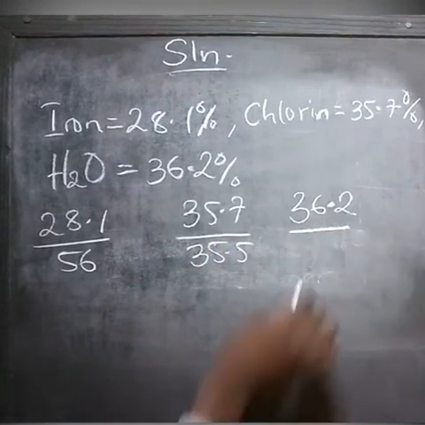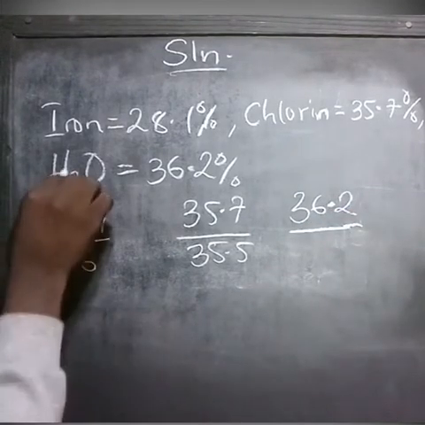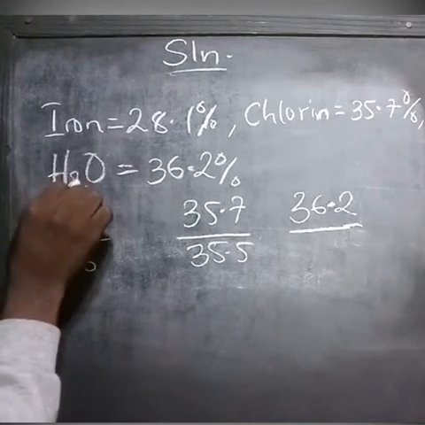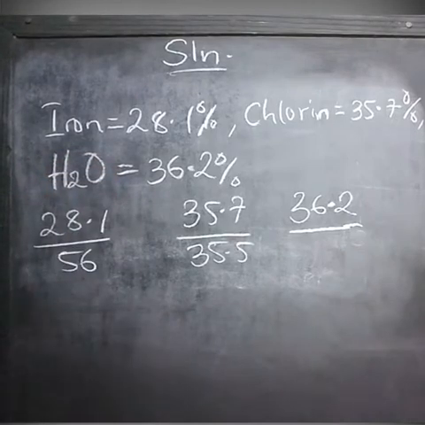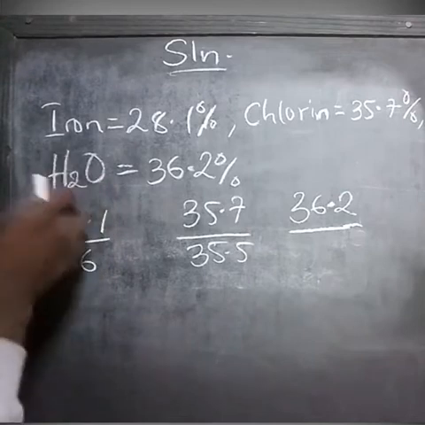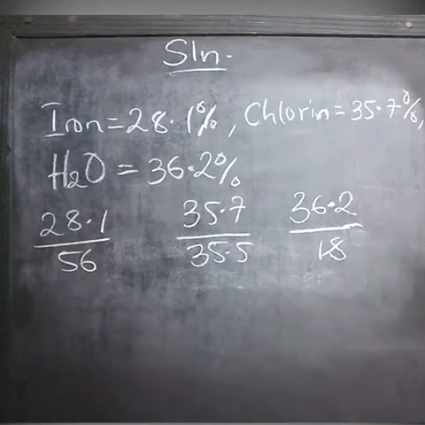Then water of crystallization: hydrogen is 1, so 2 hydrogens together with 1 oxygen, and the mass of oxygen is 16, plus 2 is 18. So this is step 1. You have to divide them by their mass number.